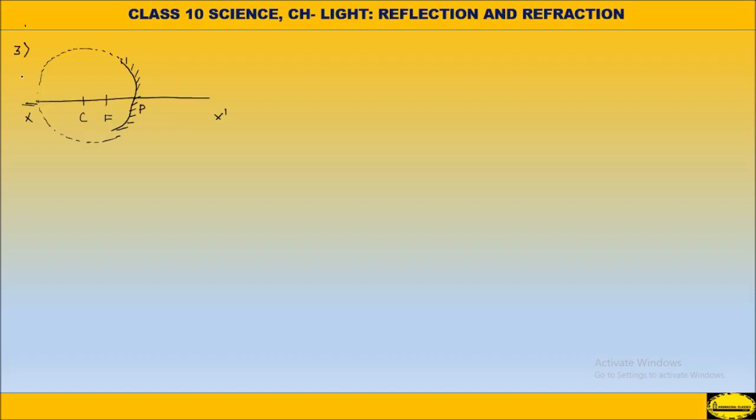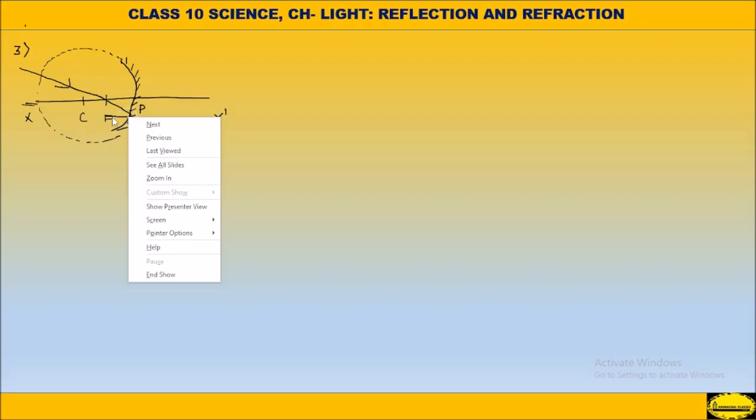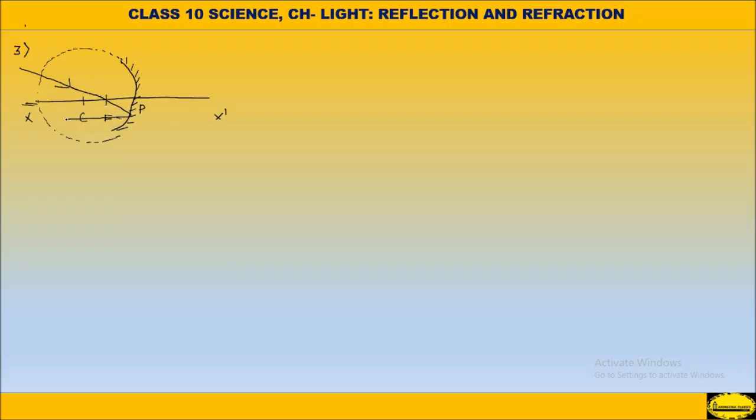The rule is that when a ray of light incident on the reflecting surface of a concave mirror is actually passing through the principal focus, after reflection it becomes parallel to the principal axis. It becomes parallel to the principal axis. So this is the reflected ray. This will be the incident ray.